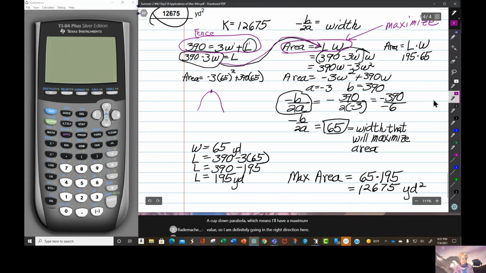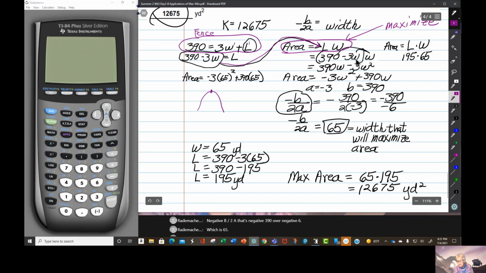So now, how do I maximize? I have to find negative b over 2a first. Negative b over 2a. That's negative 390 over negative 6, which is 65.